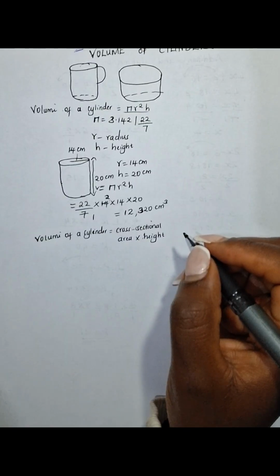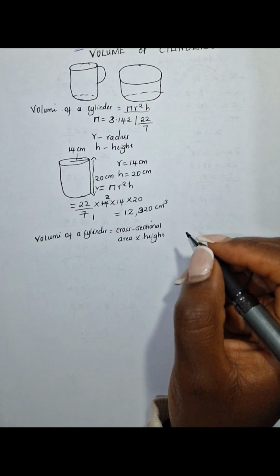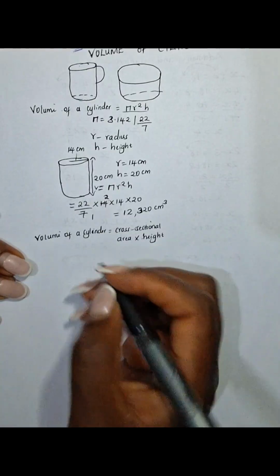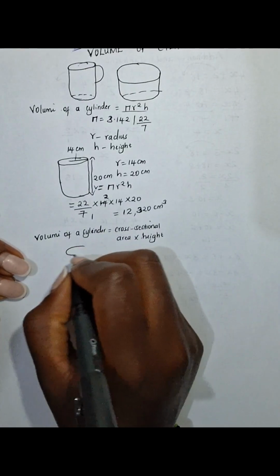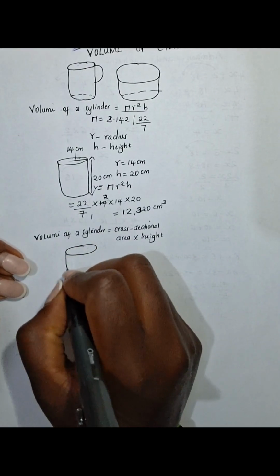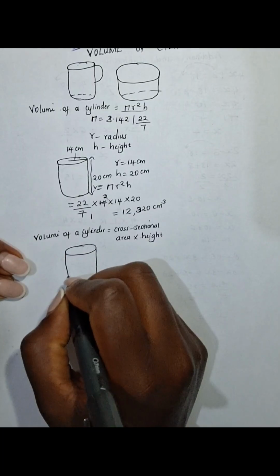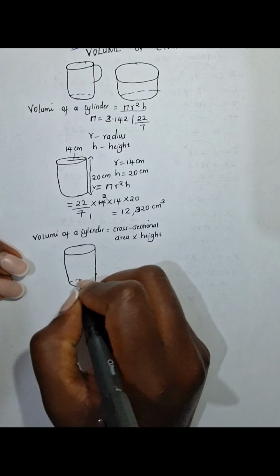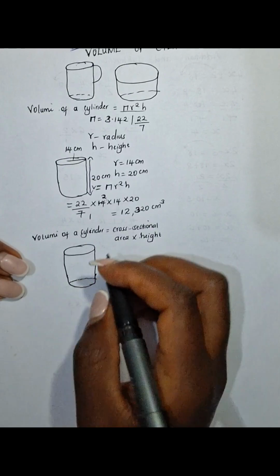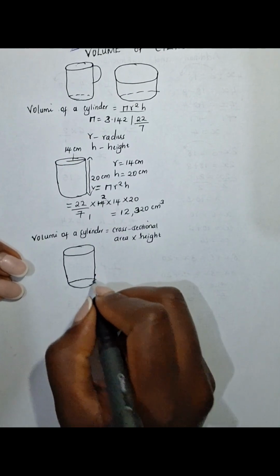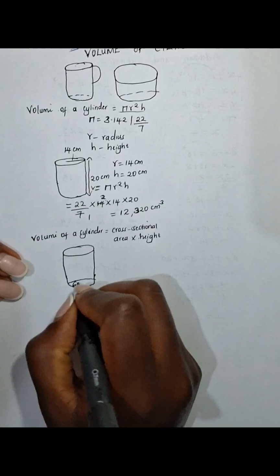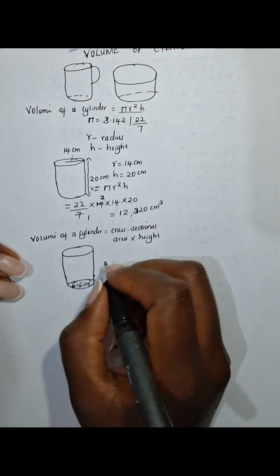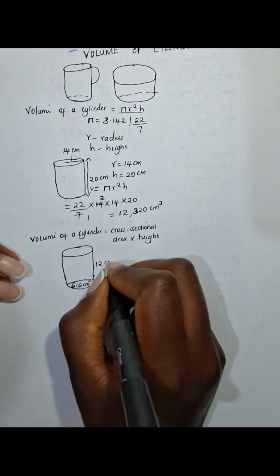So, assume that you are given this cylinder. You are not given the radius or the diameter, but you are told that this cross-sectional area is 616 centimeters squared, while the height is actually 12 centimeters.